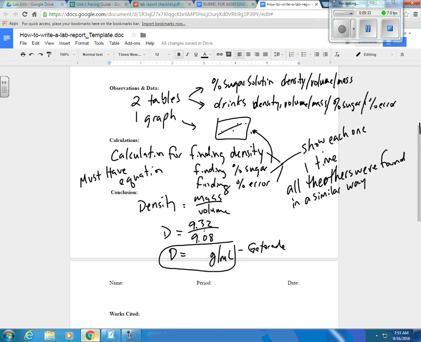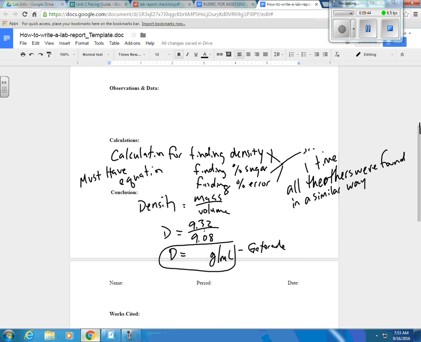Then you're going to go to your percent sugar. How did you find your percent sugar? We'll erase this up here. Your percent sugar: this was x equals y minus 0.984, whatever you got, divided by 0.00624. That's your equation.